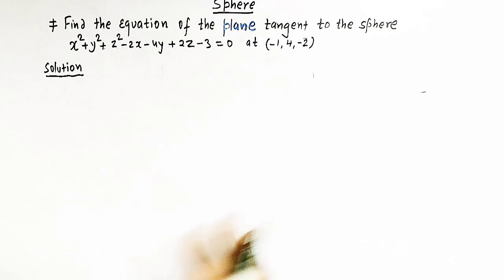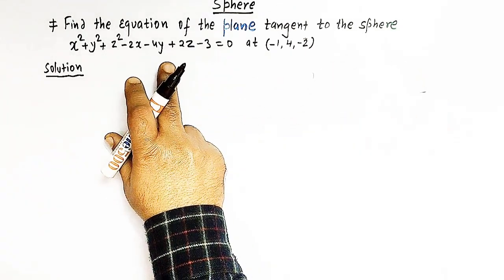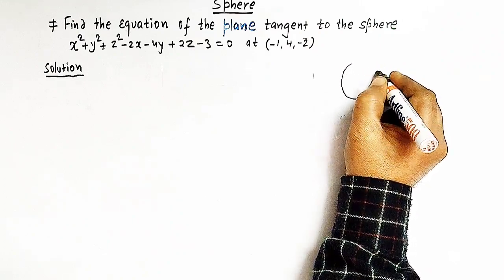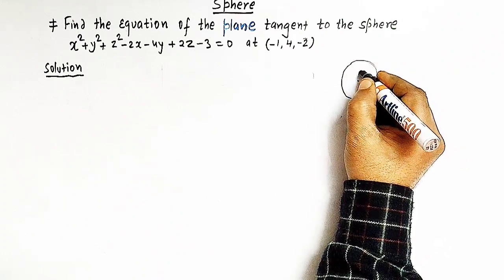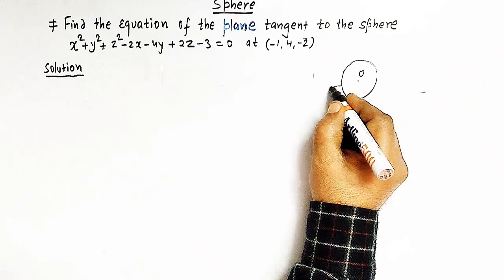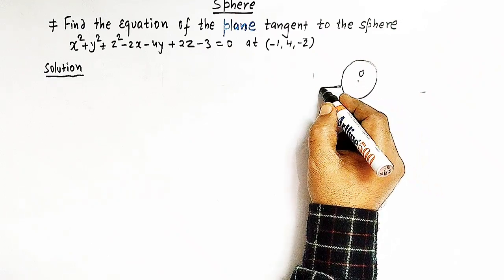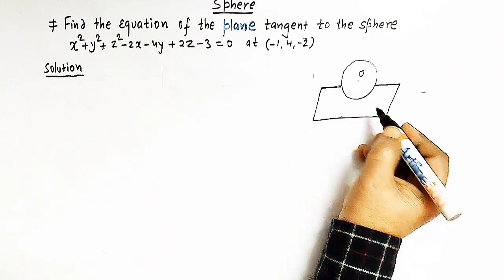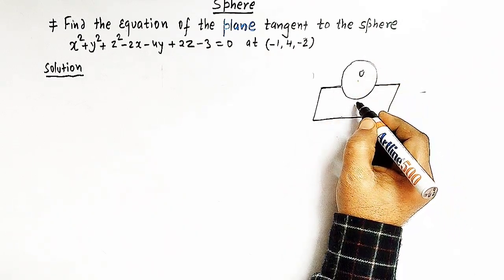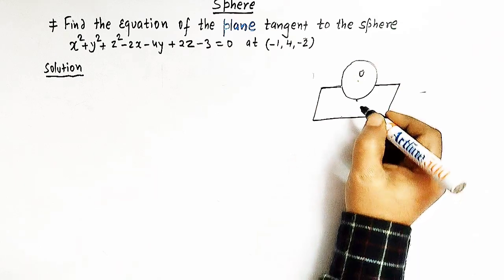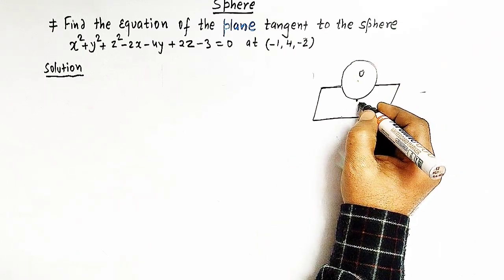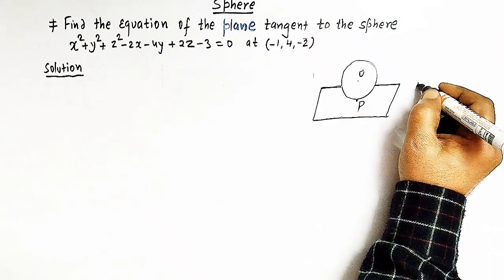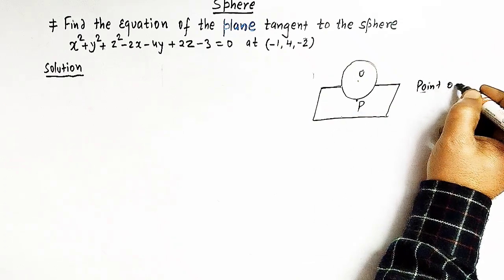So let us now consider a rough diagram of this problem, and here we have a sphere and whose center is say O, right? And let us draw a plane like this. This is a plane, and this plane is tangent to this sphere at this point, right? And let us call this point as point P, and this point P is known as the point of contact, right?